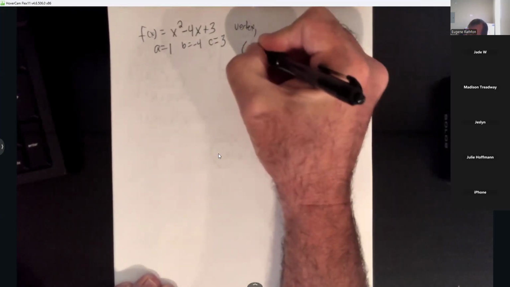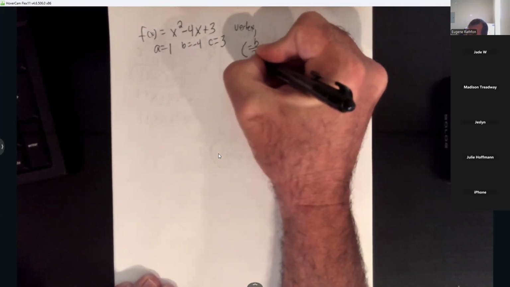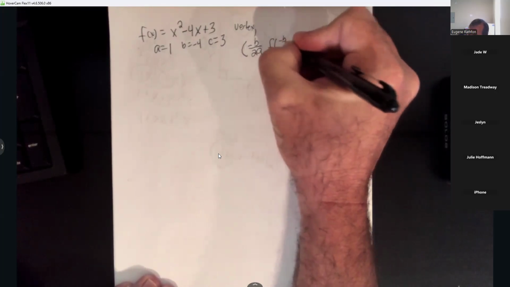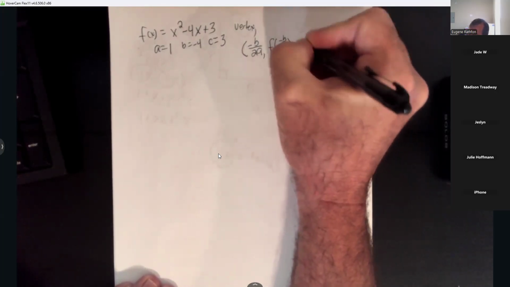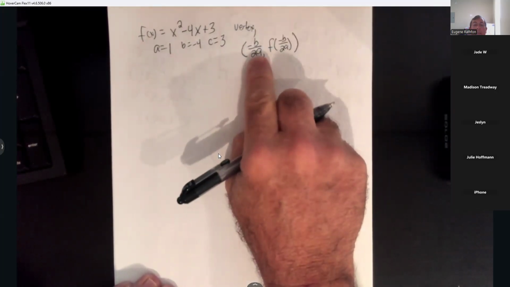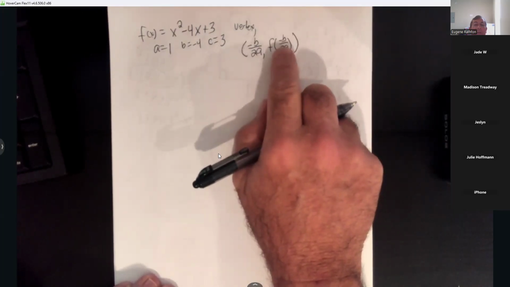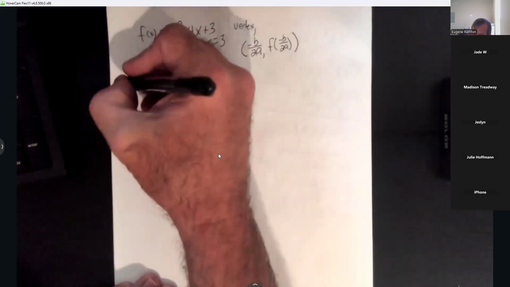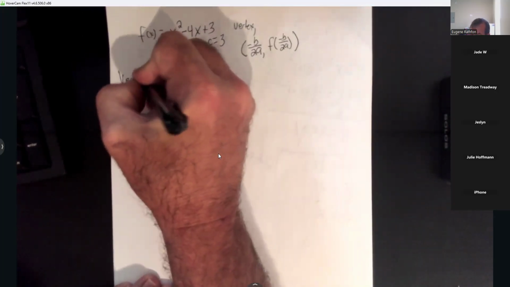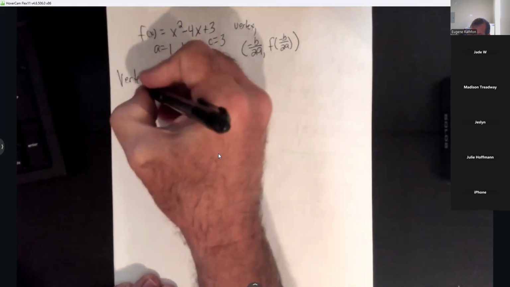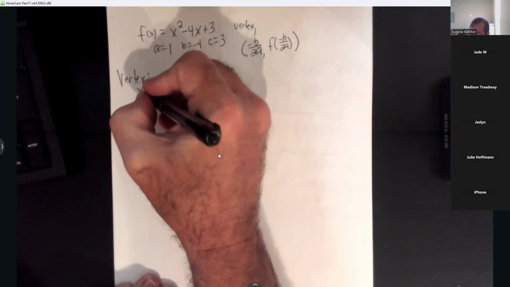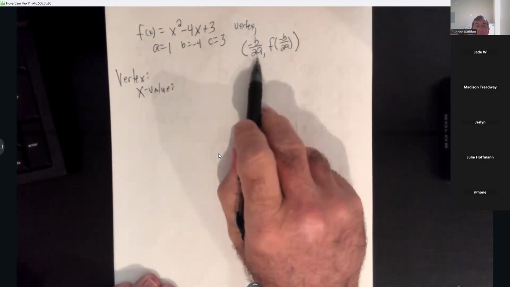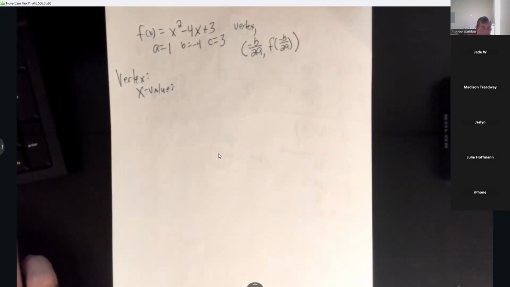Remember, the vertex formula was -b over 2a, and then f of -b over 2a. So we find out what the x is, and then put that value back in here to get the y value, okay? So for my vertex, I'm going to get the x value. It says the x value is -b over 2a.